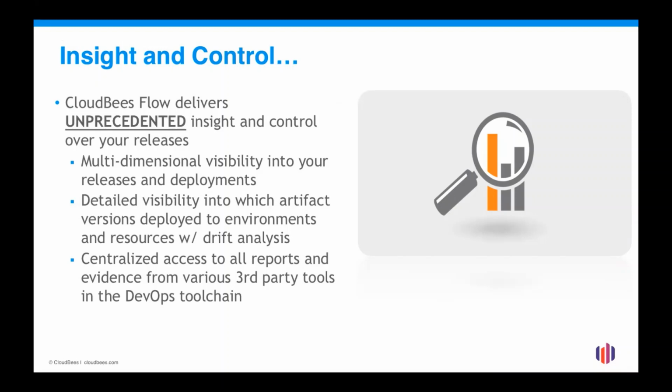So automated deployment, orchestration of releases. The detailed visibility also of which artifacts, which versions, which applications are deployed to the environment, or deployed to the resources, so to the machines themselves, to the application servers, with it's a corollary, but with a drift analysis.